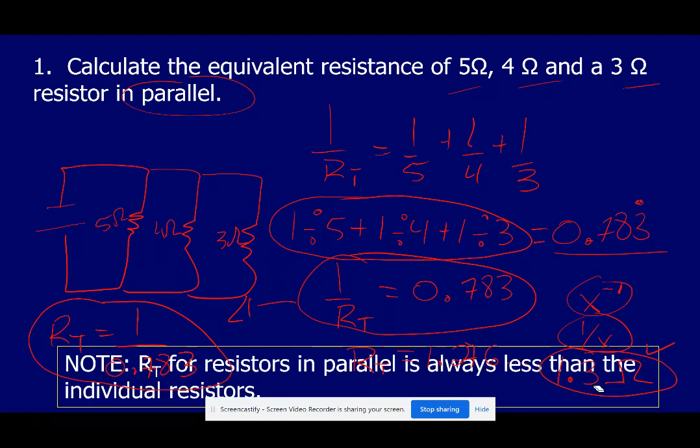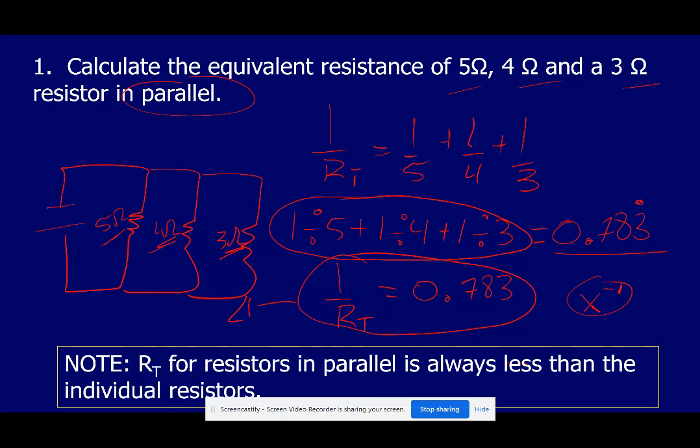And now I'm going to erase a little bit here because I've gone over this next statement. You may or may not have noticed already that the total resistance for these parallel resistors was 1.3, which is less than any of the individuals. We had a 5, a 4, and a 3 in parallel, and our total resistance was 1.3.